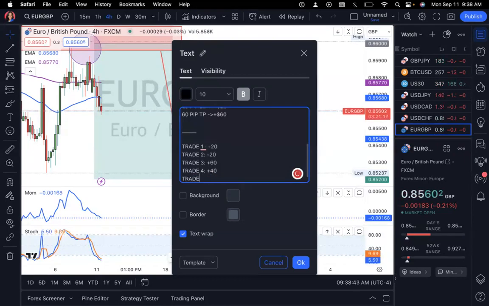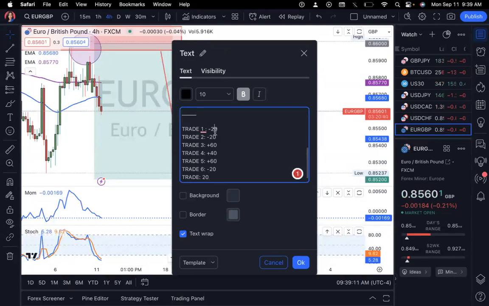We're going to say trade 5 also went well and we made another $60. Now, trade 6, we lost $20, and trade 7, we also lost $20. Let's see what we would have made at the end of the week.